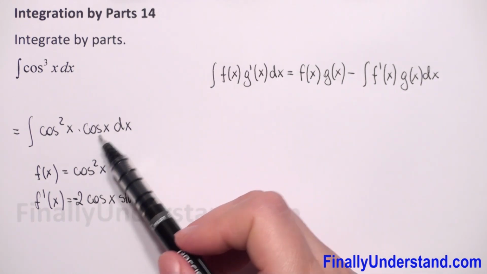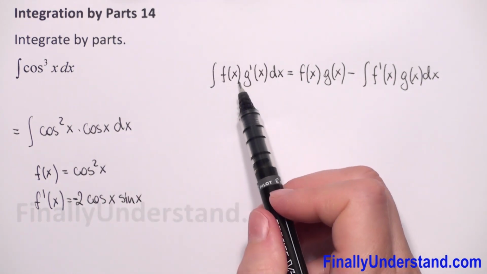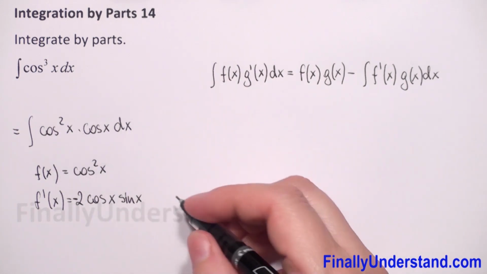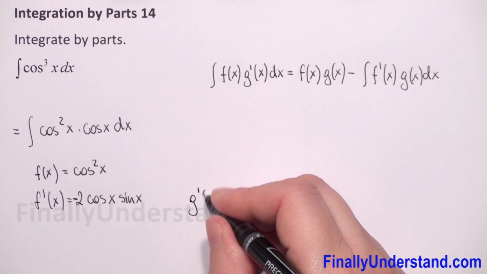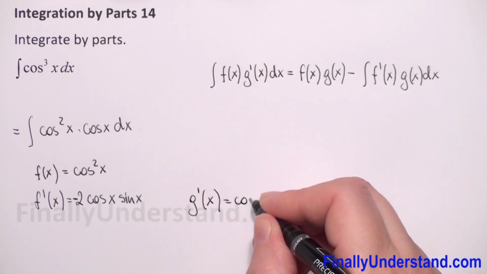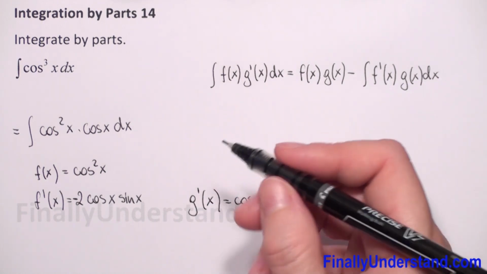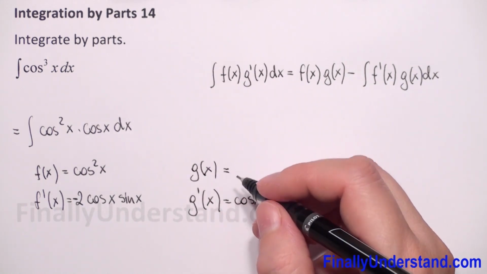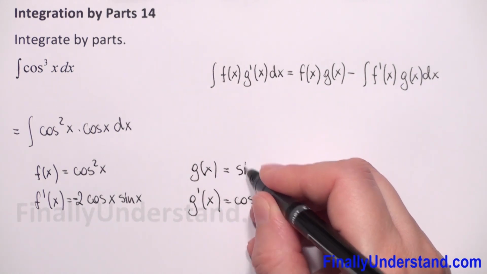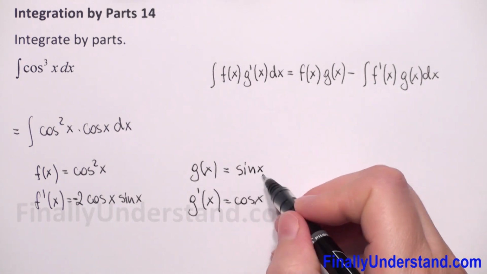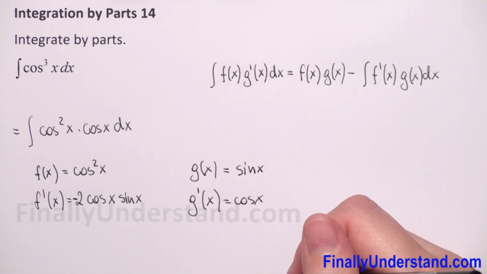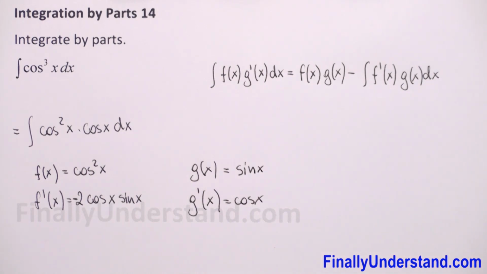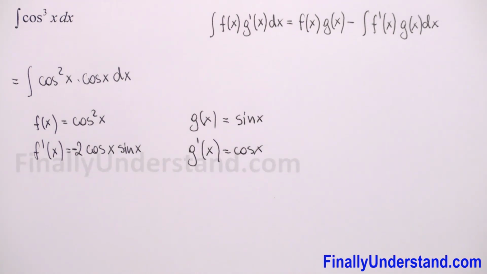Whatever is left is our g prime, because we need this formula. Cosine x is left, this is our g prime. So now our g is equal sine of x. You can always check: when you take the derivative of sine it is cosine, exactly the same expression. So now we just have to substitute into our formula.